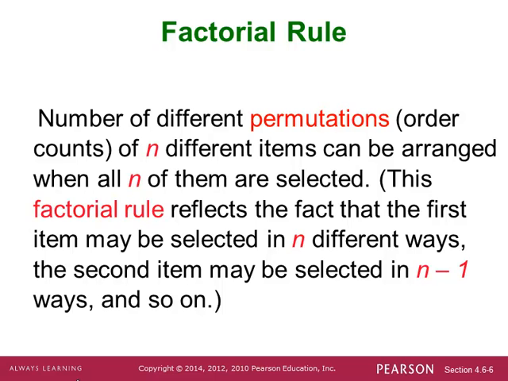Now, the factorial rule tells us how to do a permutation. A permutation is nothing more than an arrangement of so many items.